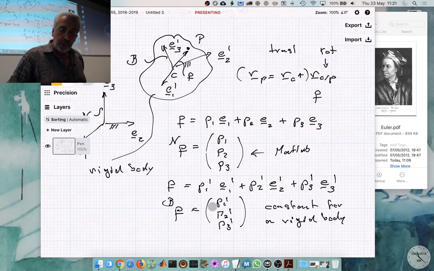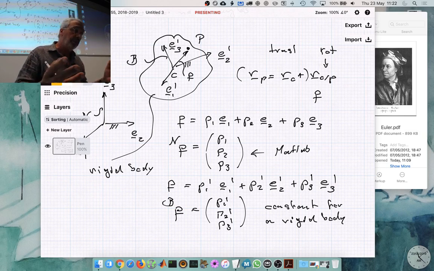But we are not so interested actually in the components in the body frame. Well, they're constant, that's nice, but we are interested in the components in the inertial frame because Newton equations are expressed in an inertial frame. So all the calculations we finally have to do is say, well, in the inertial frame, the acceleration is this, or the angular acceleration is that. So we have to find a way to go from these to these.